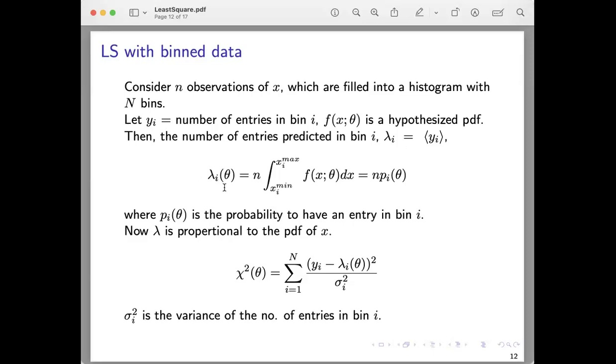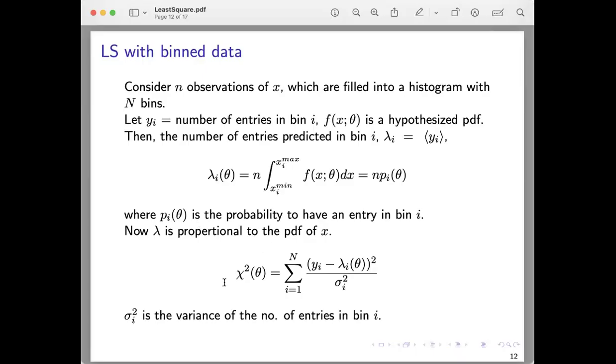You can write lambda_i(theta) to be n times the probability for the events to be in bin i. As you see, lambda is now proportional to the PDF of x. Earlier we treated lambda as any function of x, not necessarily the PDF of x. Now in the case of binned data, lambda becomes proportional to, or depends on, the PDF of x.